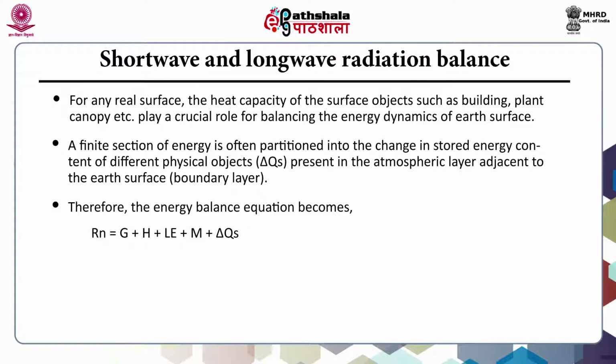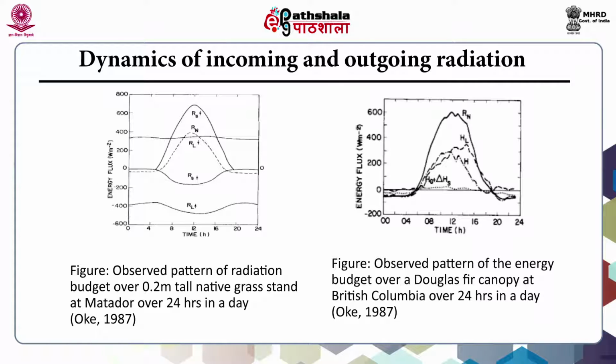Therefore, the energy balance equation becomes Rn is equal to G plus H plus Le plus M plus delta Qs. However, over an open field, the delta Qs fraction is negligible, and the observed variability in radiation and surface energy balance dynamics over 24 hours in a day is displayed in these figures.